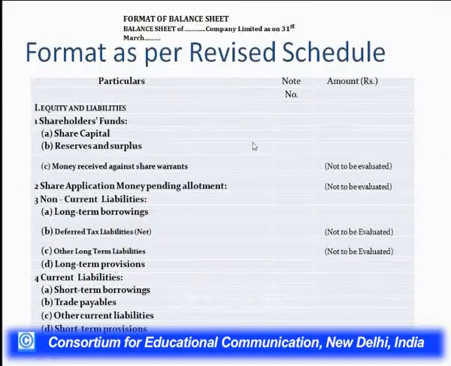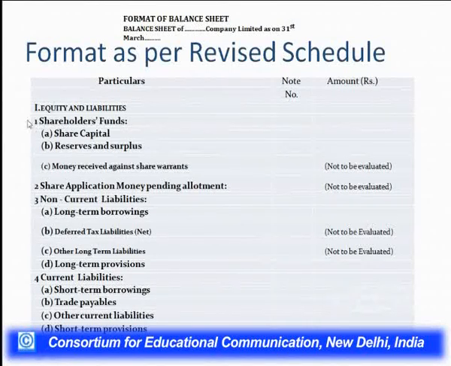Now after this, let's have a look at the sub items under those 4 heads which I just mentioned. Beginning with share capital, let's have a look at the slide, please. Here the title goes like this: equity and liabilities. Kindly follow my cursor, I will be pointing out while discussing.